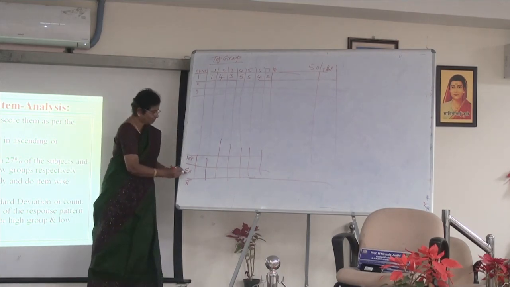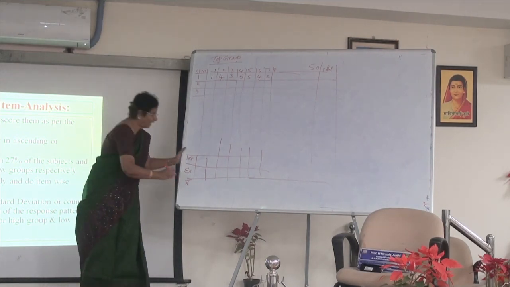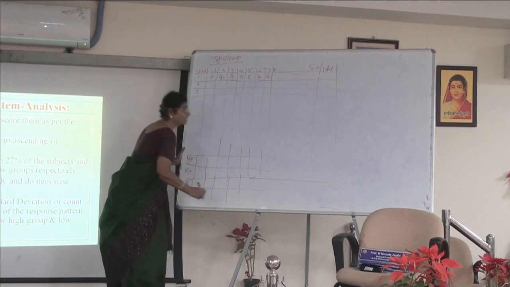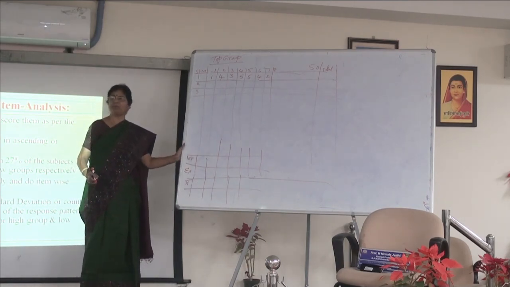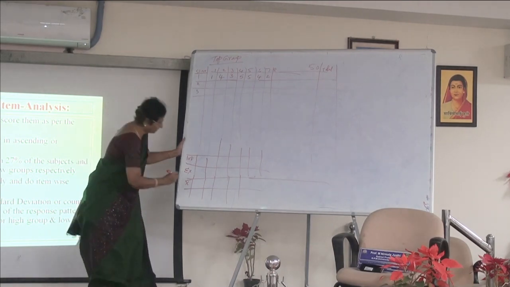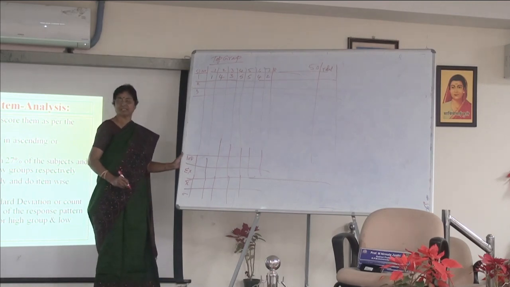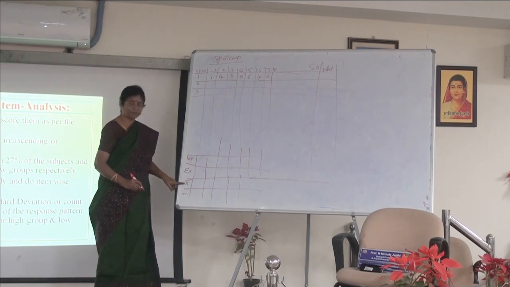You know n, you know sigma x by n, you can calculate x bar. And if you want to be more and more strong in research, if your work needs to be more and more strong, you will calculate even SD. This I will tell you later. For discriminative power, this much is enough.